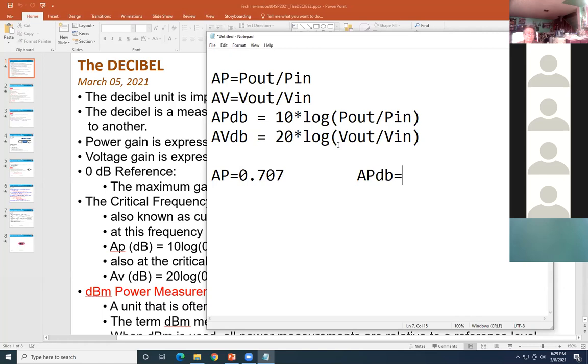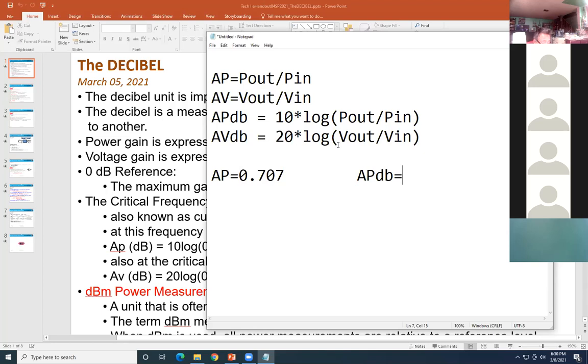Equal what? Minus. Okay, let's see. You take the log of 0.707, times 10.